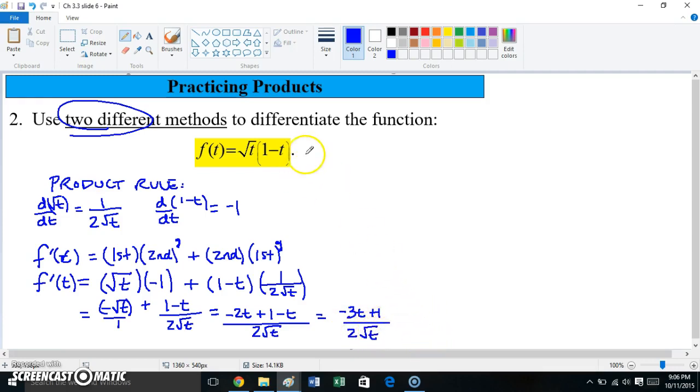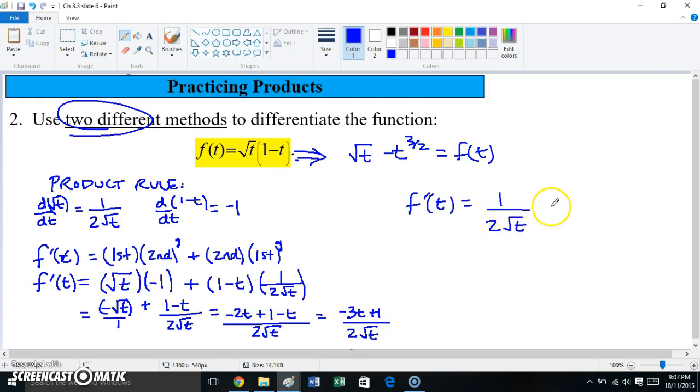I certainly hope I did that right, but let's check this real quick. If I just distribute and call this the square root of t minus t to the 3 halves, this is still my f of t function. Let's take its derivative, f prime of t, using the product rule: 1 over 2 the square root of t minus 3 halves t to the 1 half.